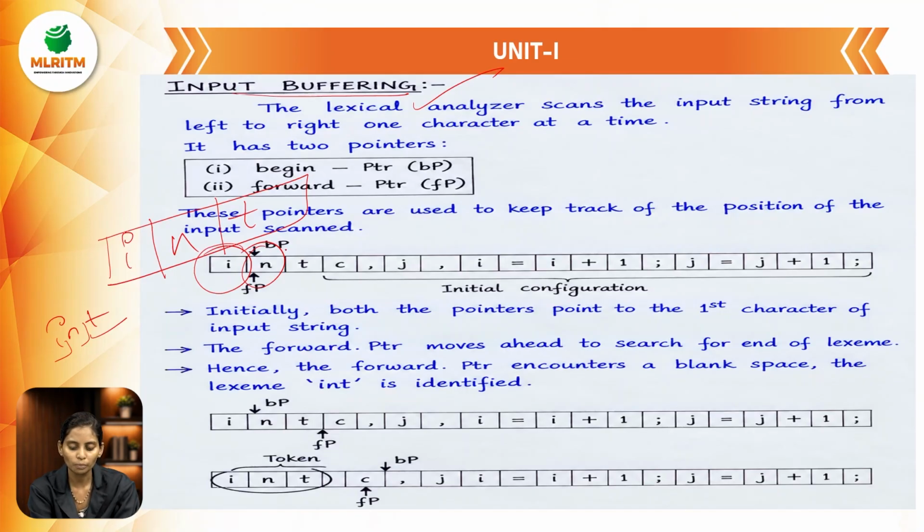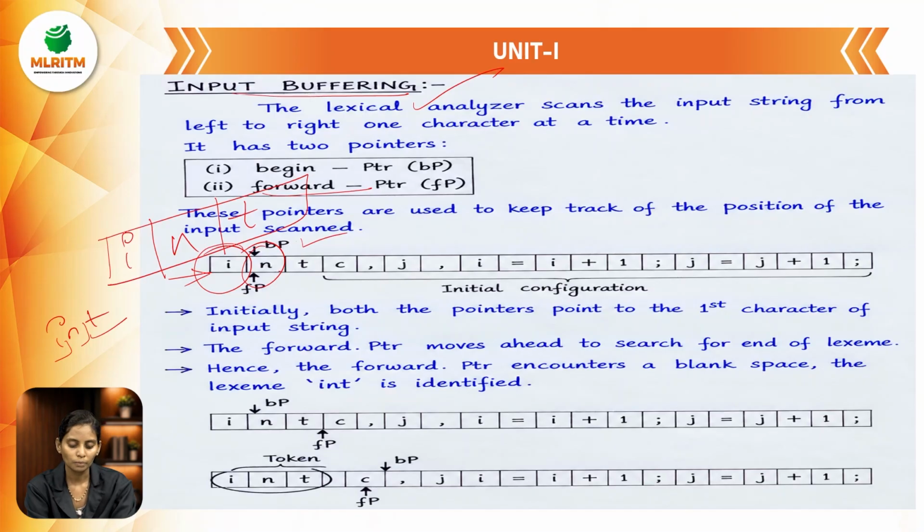Here BP is the begin pointer, also called the lexeme begin pointer, and FP is the forward pointer or look ahead pointer. At the starting stage of buffering, both BP and FP are at the initial position of the memory allocation.